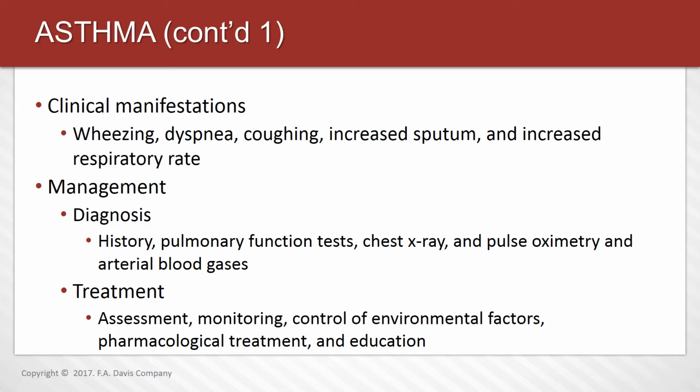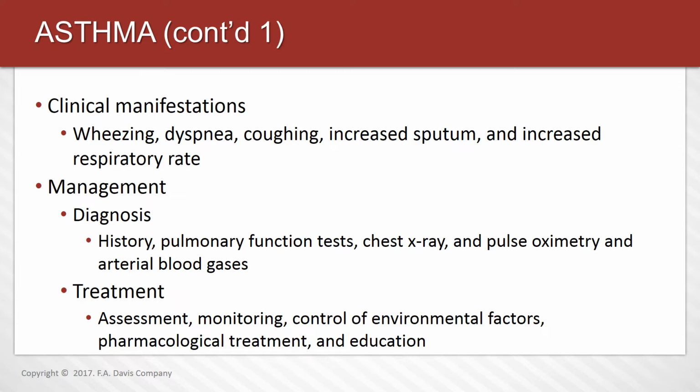These are the beta-2 adrenergic agonists, whose job is to help relax the bronchial smooth muscle, which helps open the airway, therefore decreasing the obstruction. And then there are anticholinergics, which are another group of bronchodilator. Remember, asthma is constriction, so you want the airway to open. Ineffective airway clearance is a big nursing diagnosis for the asthmatic client.